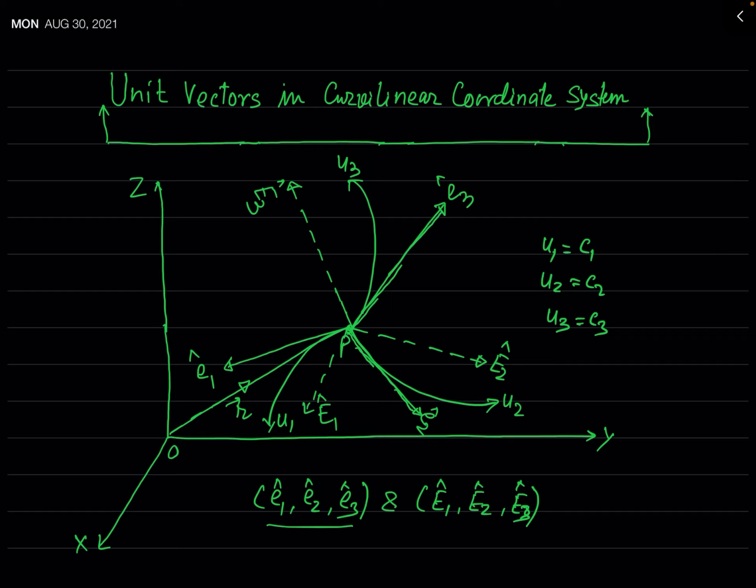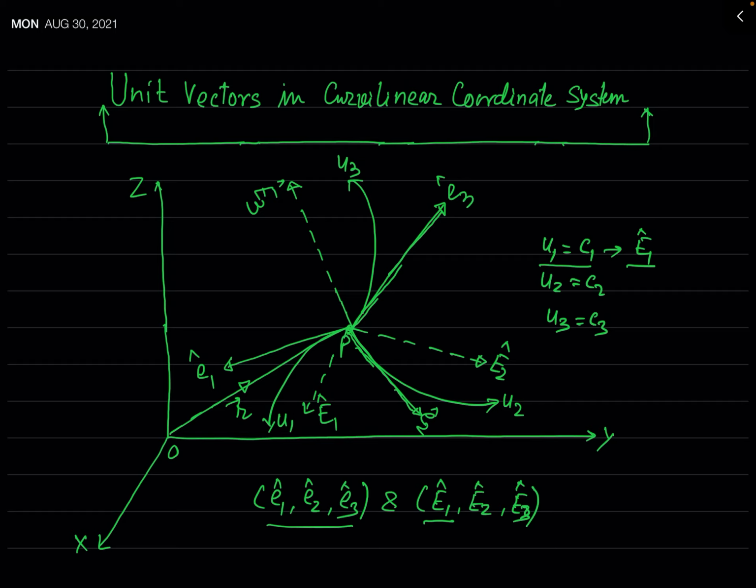So this set of unit vectors denoted by the small letters are the tangential unit vectors. But there is another convention to select a set of three unit vectors, and that is to draw unit vectors normal to the coordinate surfaces. This capital E1 hat is normal to the surface U1 equal to C1.